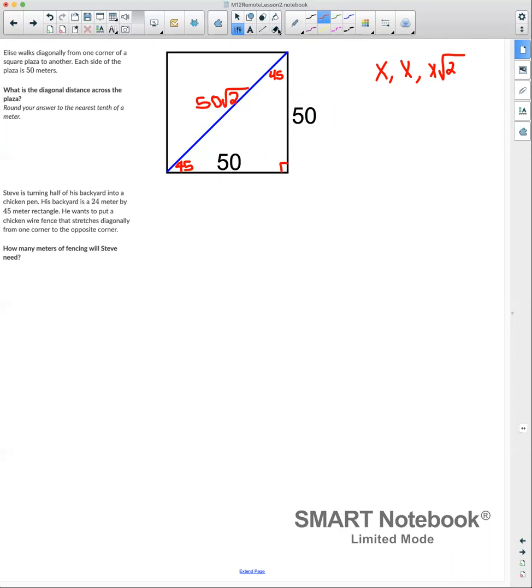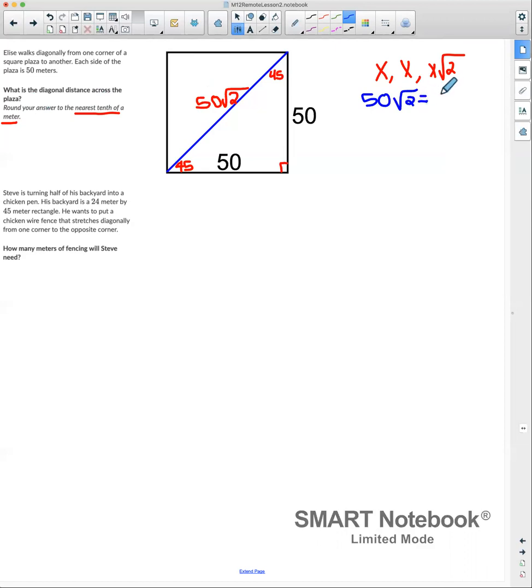If you don't know that, just use the Pythagorean theorem. It's the same thing. And then I have to round to the nearest tenth of a meter. Very important, or else your answer is going to be incorrect. So I would plug in 50 radical 2 in my calculator. Let me just write it down. 50 radical 2.